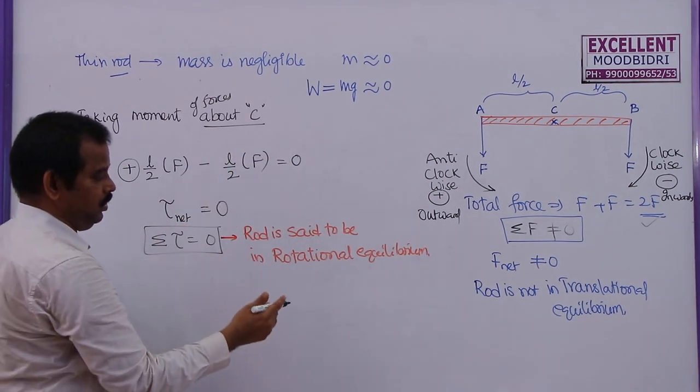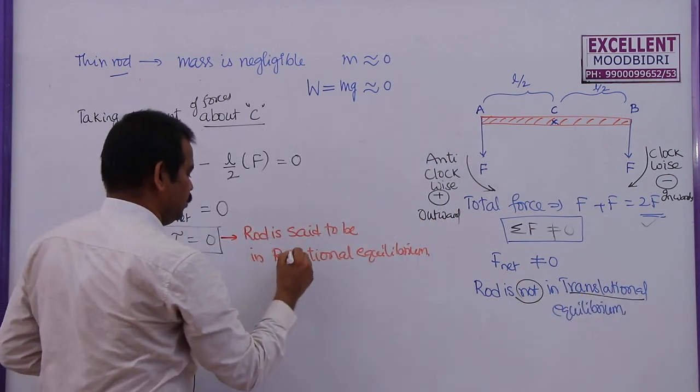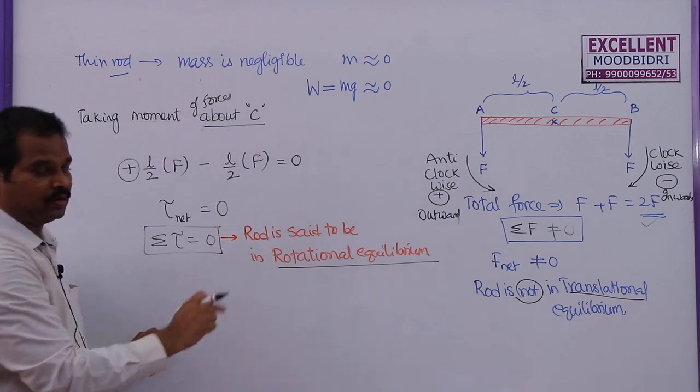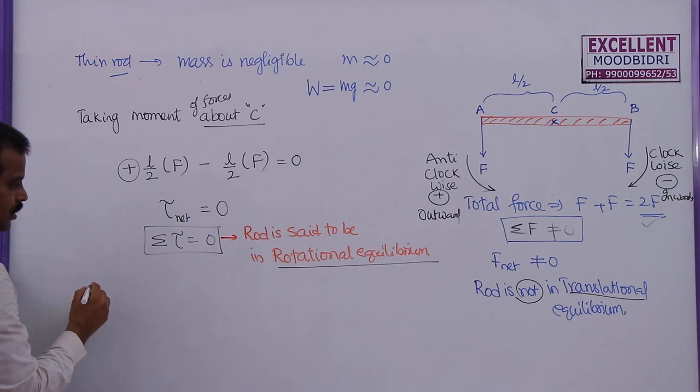Whenever a body is not in translatory equilibrium but is in rotational equilibrium, either one, then the body is said to be in partial mechanical equilibrium.